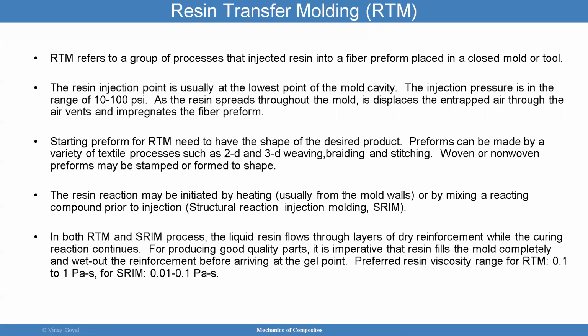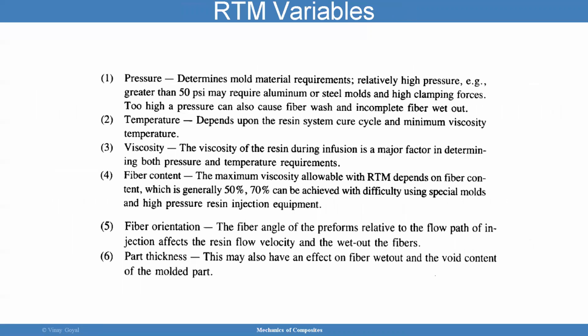Preforms can be made by a variety of textile composite processes such as 2D and 3D weaving, braiding, and stitching. Woven or non-woven preforms may be stamped or formed to shape. The resin reaction may be initiated by heating or by mixing or reacting compounds prior to injection. Both are important things that need to be considered.